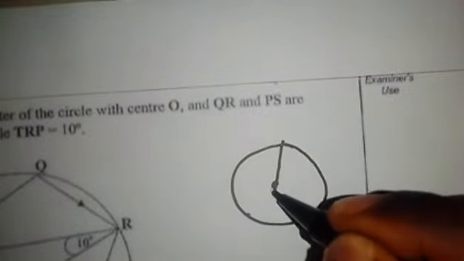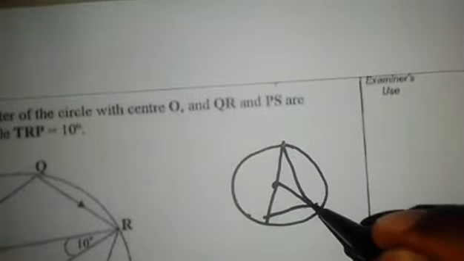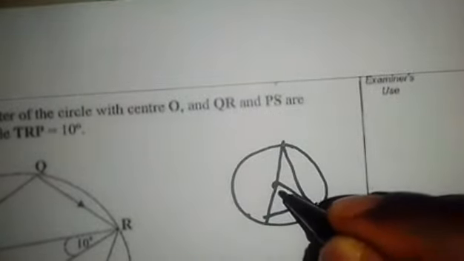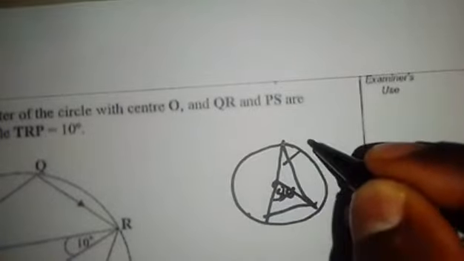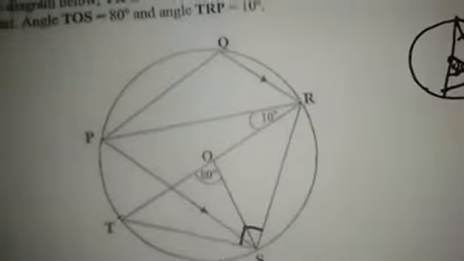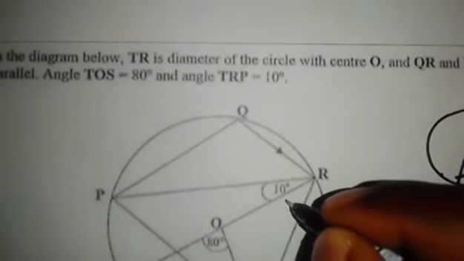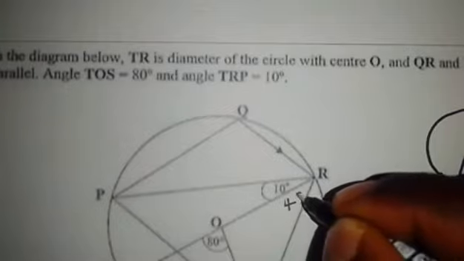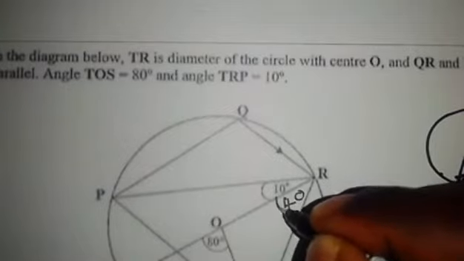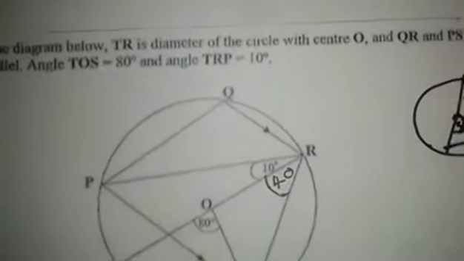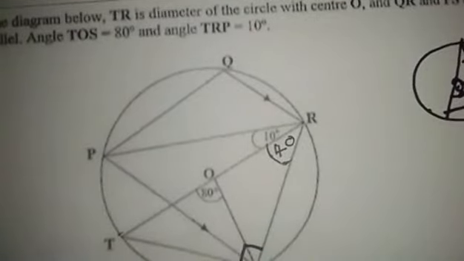In the diagram I gave you, like this, if this angle is 80, then the angle at the circumference comes out as 40. Because the angle at the center is twice the angle at the circumference. So we have 80 here, divide by 2, and it comes to 40.